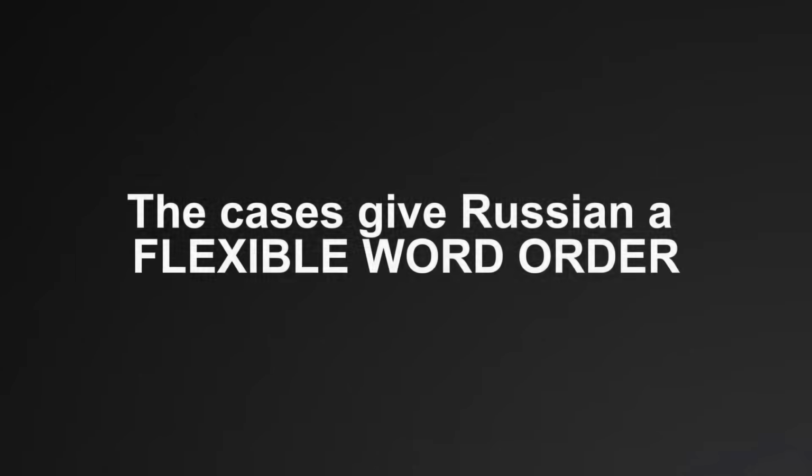Now, remember I mentioned in the beginning that Russian cases are actually a benefit if you want to speak Russian well. Here's why. Russian has a flexible word order because of its case system. So in English, you need a structured approach. You typically need to say, the dog bites the girl, in that exact order. In Russian, you can mix it all around.